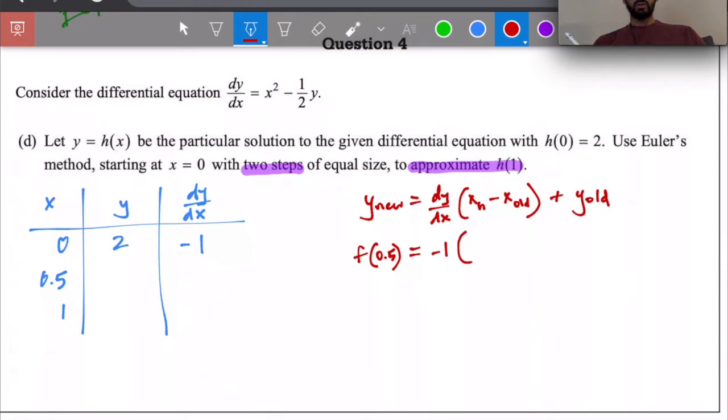Now I go x new minus x old, so 0.5 minus 0, plus the old y value, plus 2. So that gives me negative 1 times 0.5, which is negative 0.5, plus 2. So that gives me 1.5. So I'm going to put a 1.5 right here.